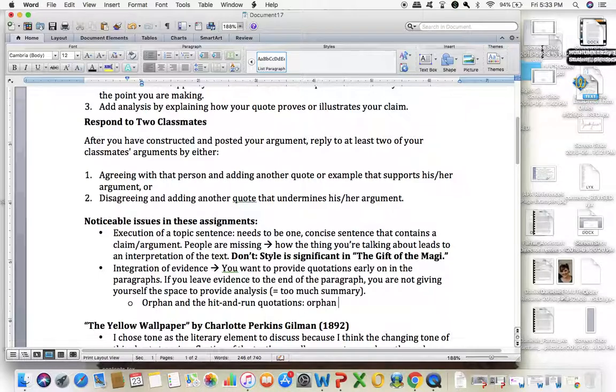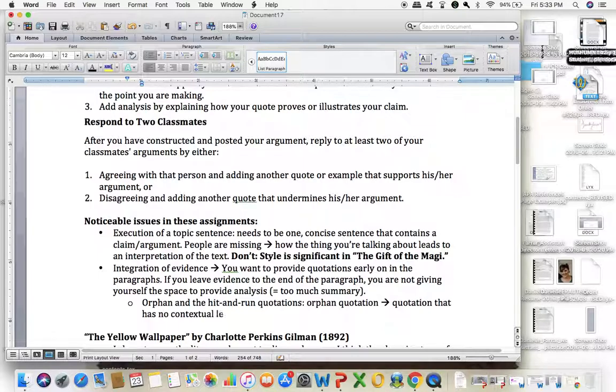I've talked about both of these things before, but an orphan quotation is a quotation that has no contextual lead-in, written by you, that introduces the quotation.